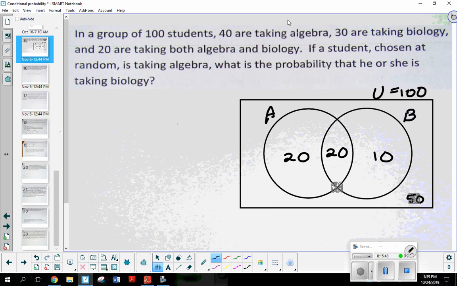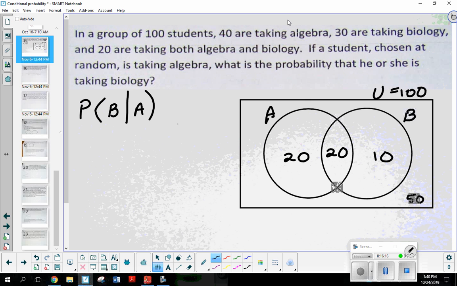So our question, what's the probability that he or she is taking biology, but what do we already know about that student? That student is also taking algebra. Okay, that's my given portion. That's something that we know ahead of time. So I'm going to write it out using my notation. So the probability that he or she is taking biology, given that the student is taking algebra.